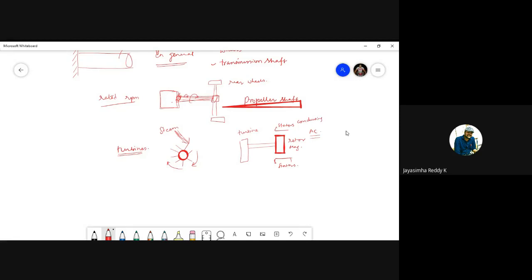We have studied this in basic physics. If the turbine rotates, the generator also rotates. As the generator rotates, because of the stator and rotor, EMF is induced, and electricity is generated in the generator and transferred.